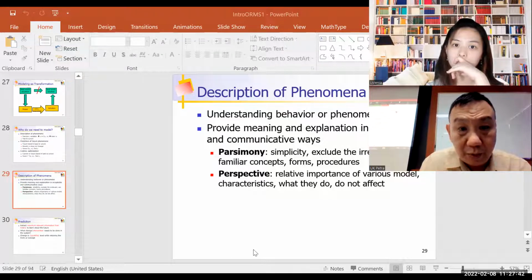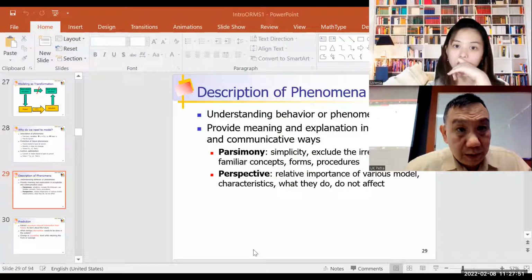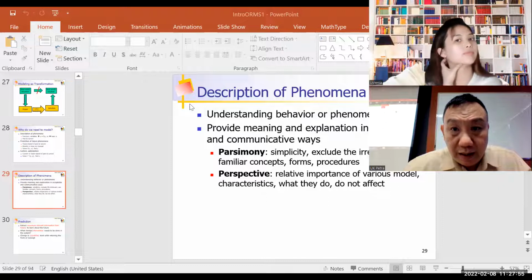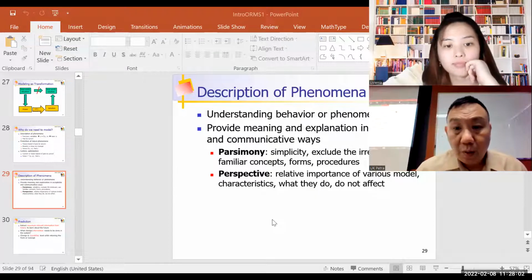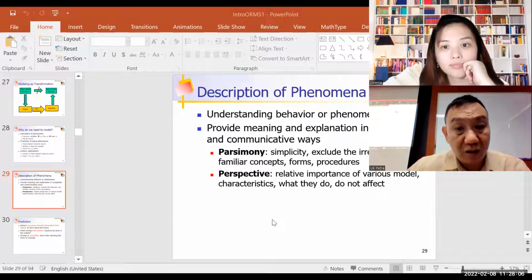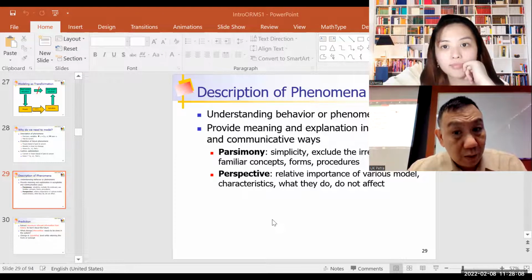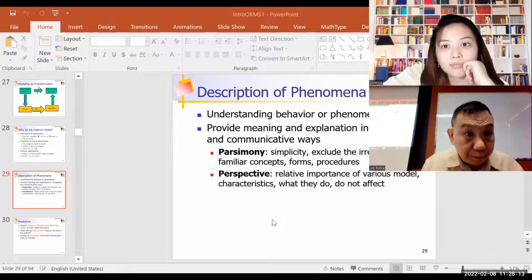If you have a familiar concept, a form or procedure, you just use this. The second principle is to try to think in terms of perspective. What is the relative importance of various model characteristics? What they do, what they do not affect. So you start to think in terms of parts of the system.